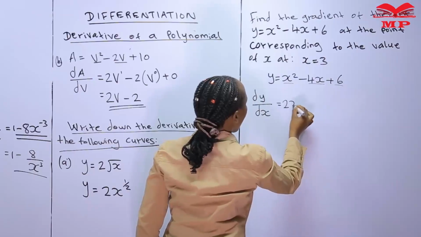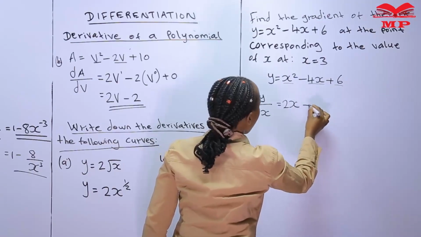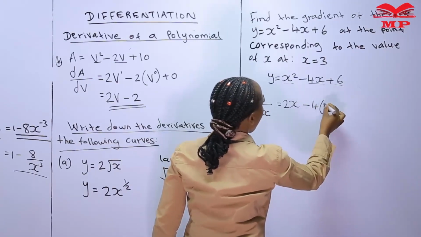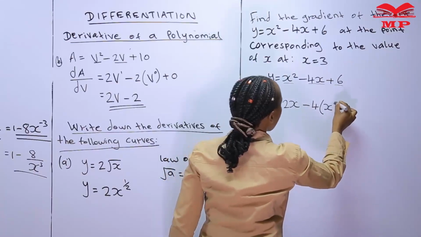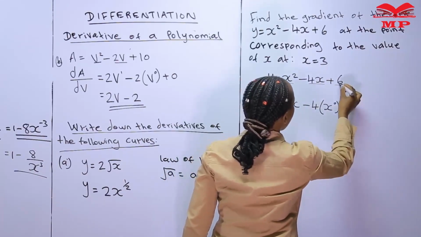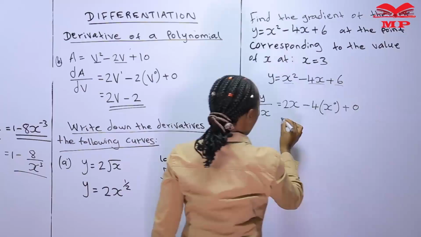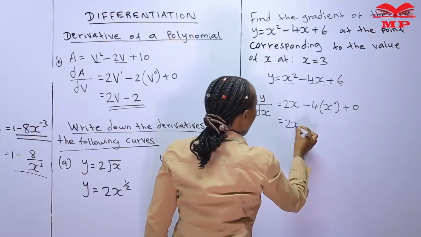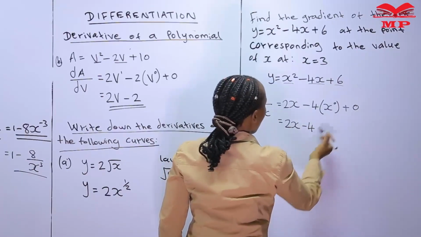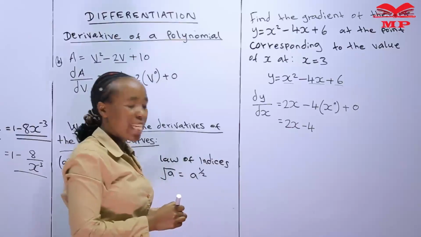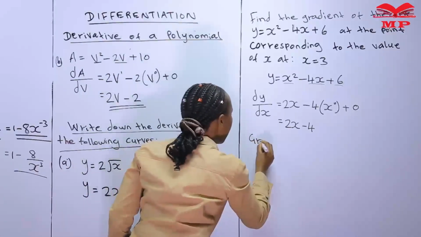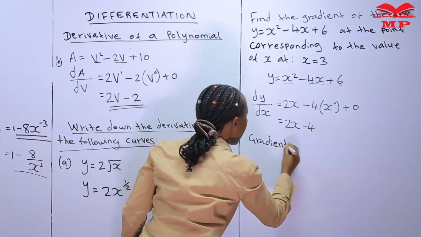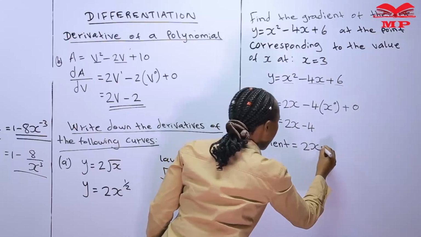Here we have 2x raised to power 1 minus 4 into bracket x raised to power 0, then plus the derivative of a constant, which is 0. So we are going to have 2x minus 4. That's what we have as the derivative. So our gradient, which is the derivative, is equal to 2x minus 4.